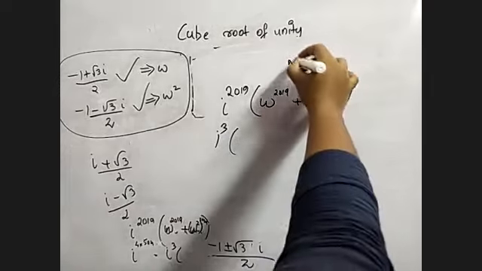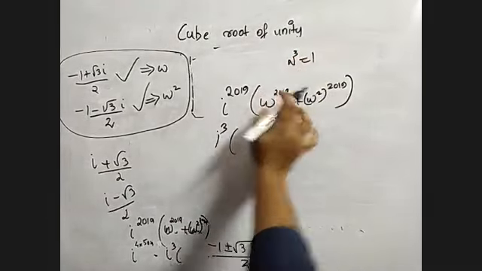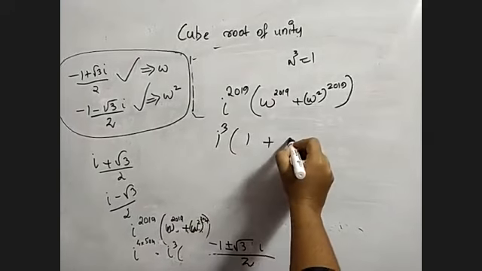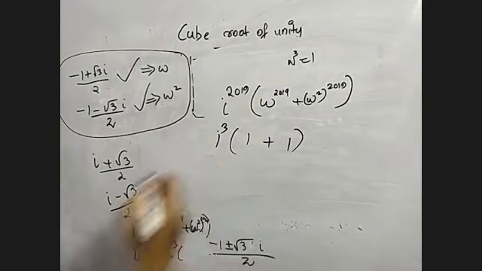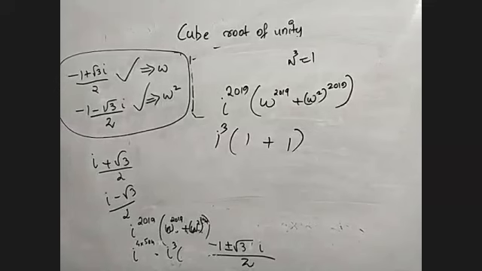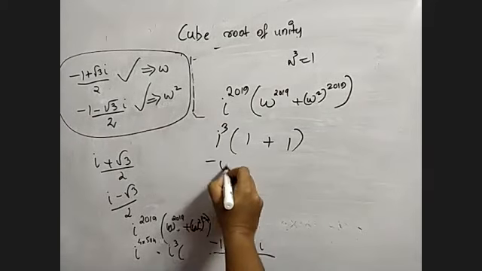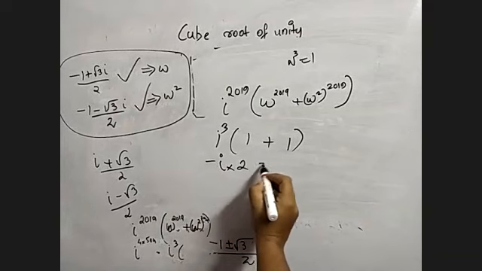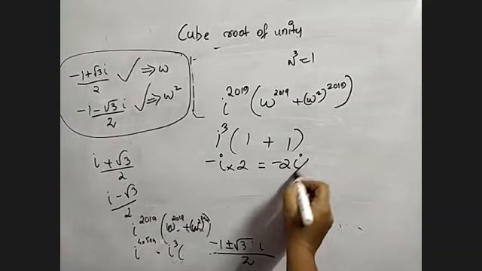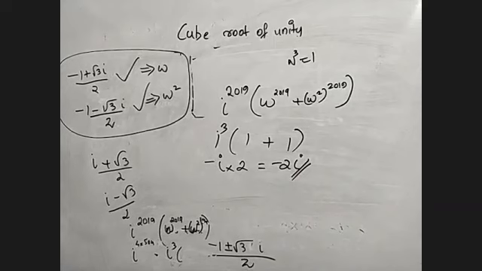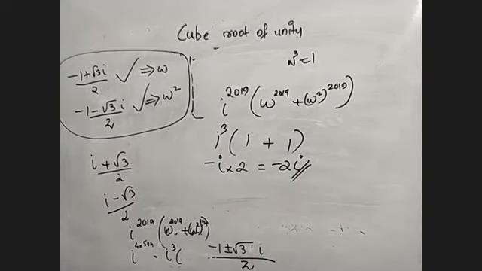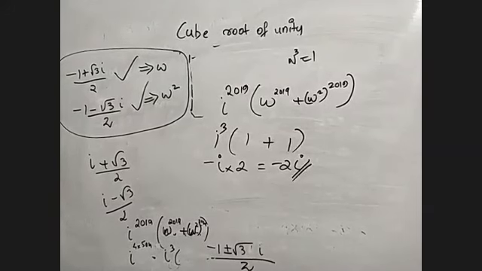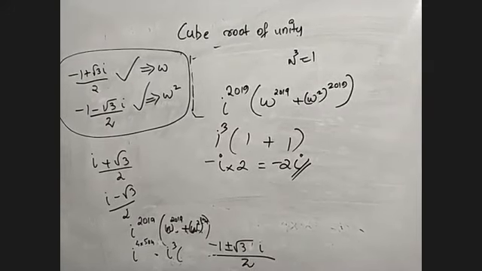This omega cube is equal to 1, and 2019 is in 3's table, no? So this will become 1 plus 1. So what is i cube? Minus i. And 1 plus 1 is 2. So our answer was 2 minus 2i. Option D, I think. Remember?